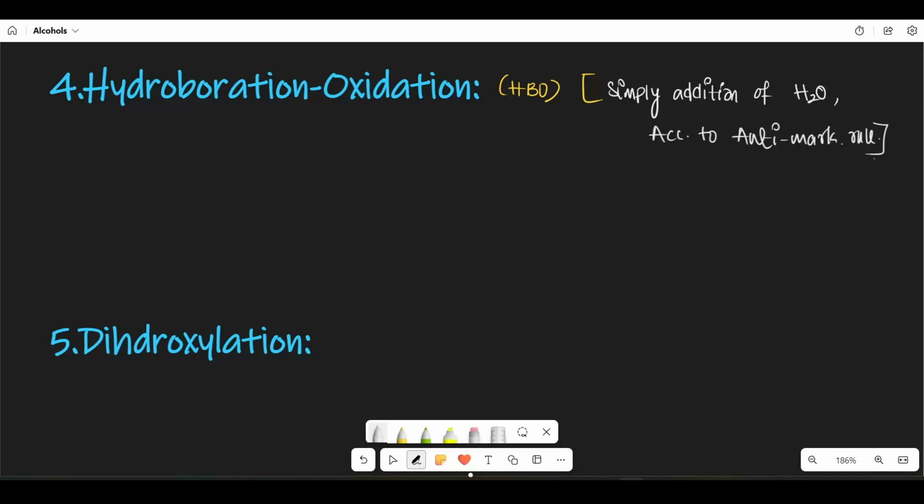This is the different point here. It's also simply addition of water, and we will write the product according to anti-Markovnikov.